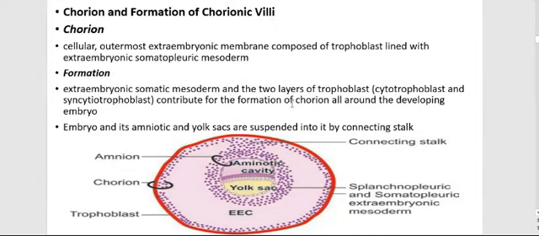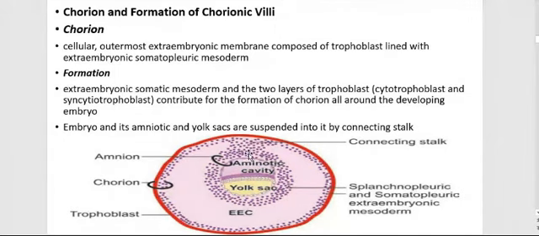And then we have that part of the extra-embryonic mesoderm where the cavity did not extend into. That part is called the connecting stalk. The connecting stalk connects the bilaminar embryonic disc to the chorion, which is why it's called the connecting stalk.